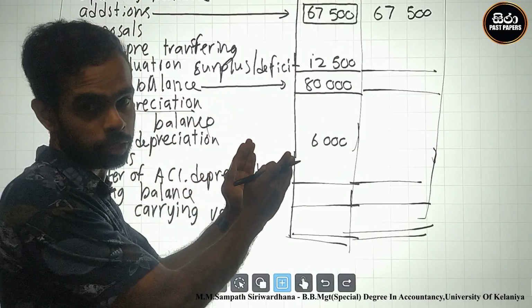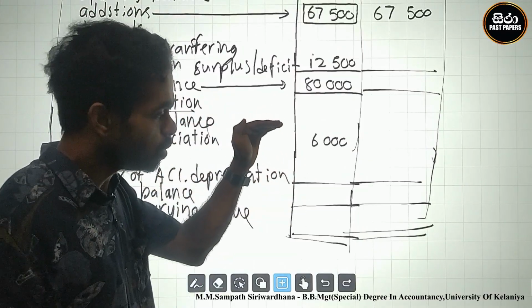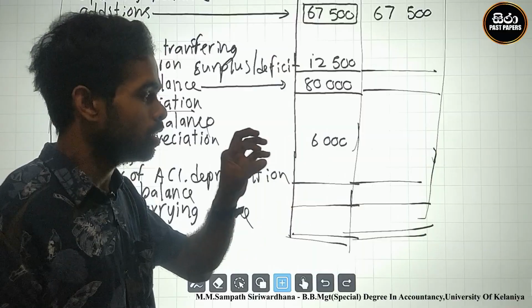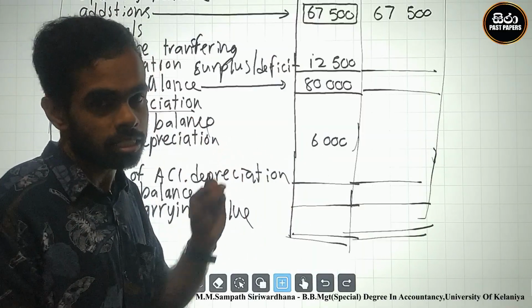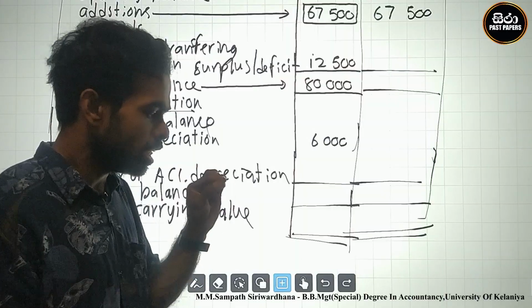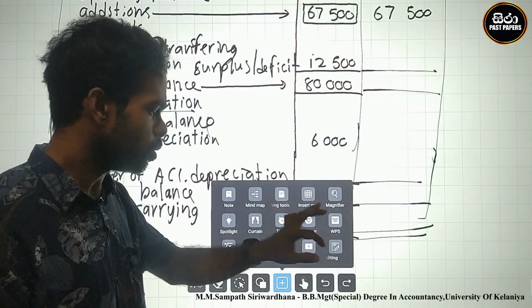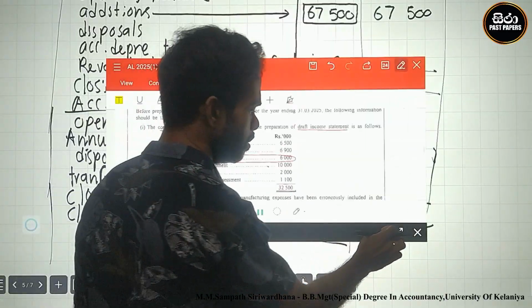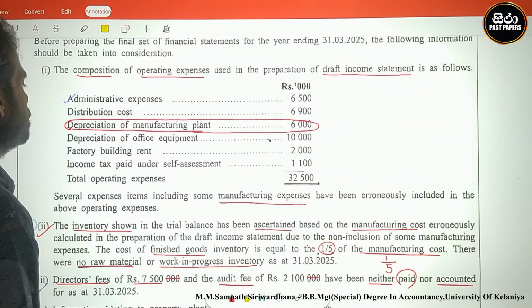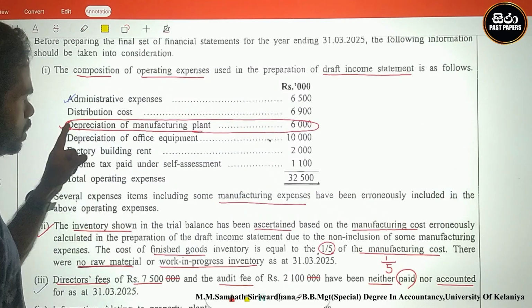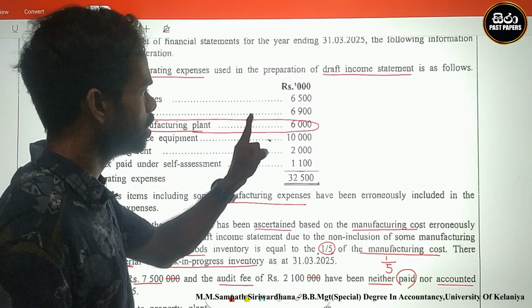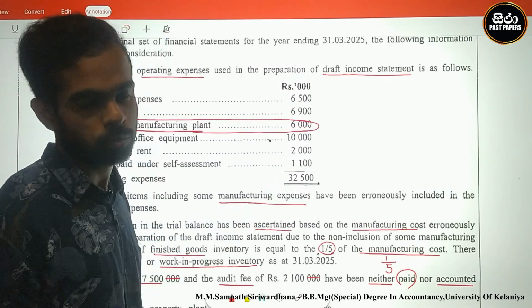This is the accumulated depreciation credit. What is the debit? The expense debit. Depreciation expense debit. The expense they already identified in, look here, depreciation of manufacturing plant as an operating expense.